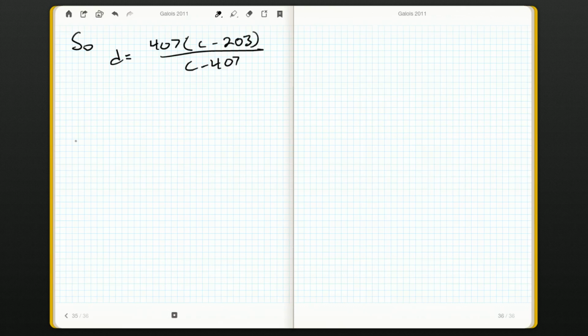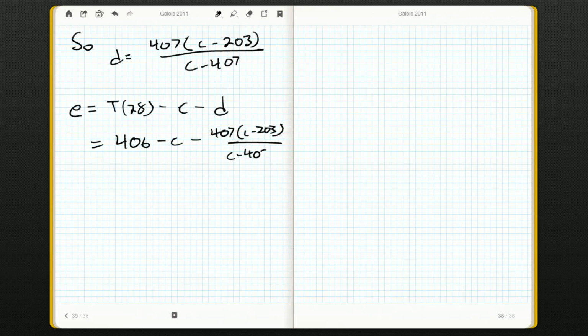So that D, I know that E is T28 minus C minus D. Is there any point in putting this all in terms of C? Well, let's find out. That's 406 minus C minus 407C minus 203 over C minus 407.